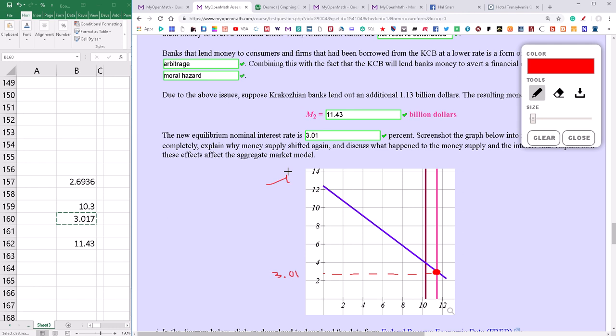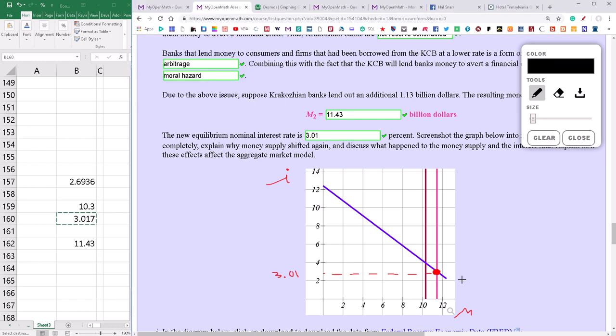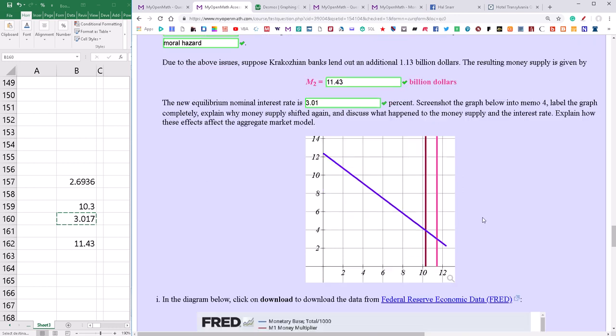Our nominal rate of interest, quantity of money, money demand, money supply, and our interest rate continued to fall. So it fell all the way down to 3.01. Okay, so it's something that looks like that. So we're going to close that out.